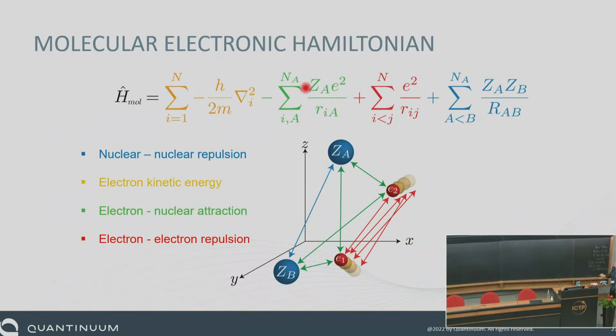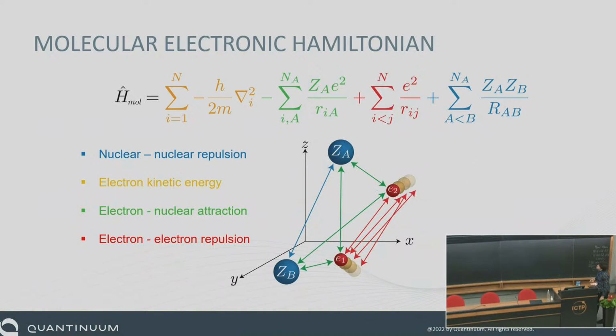Here we have the electronic mass times the number of protons in the nucleus, which is Z. And then r_iA is the distance between the nuclei and the electron.